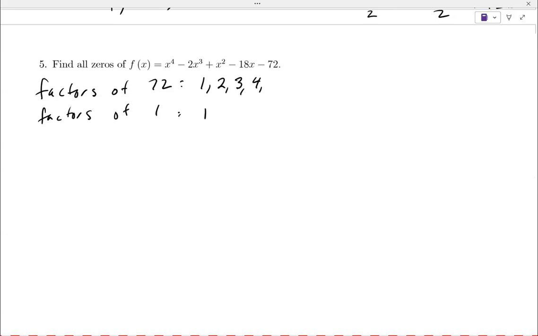Good. 6 and 12, and then 8 and 9 work, right? So 12, 18, 24, 36, 72. Woo, lots of them. All right? 72 has lots of factors.